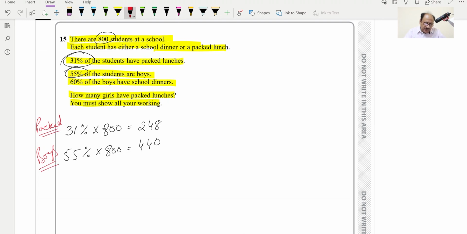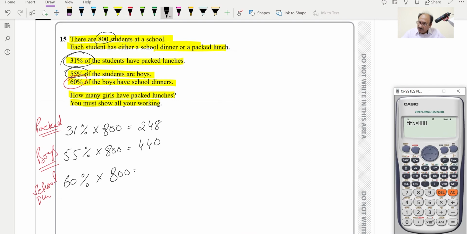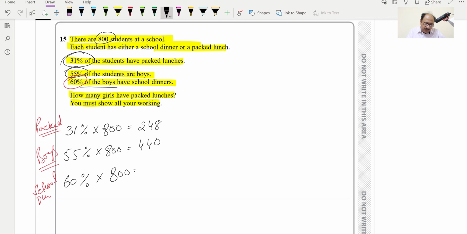And the next information we can take is 60% of the boys have school dinner. So we can write school dinner, and how much will this be? This will be 60%. So 60% of 800 we will calculate, and here we can change it. 60% of not 800, 60% of the boys, and boys we know are 440.